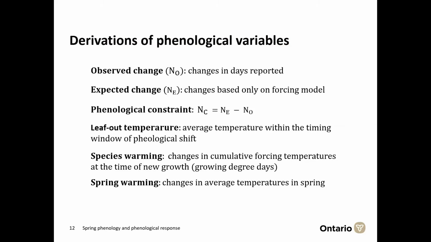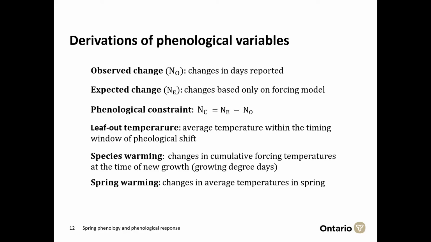I need to explain some of the variables here because some of them have not been used in phenological research yet. The observed changes are what are actually reported in the literature in terms of number of days difference between control and warm treatment in warming experiments, or between baseline and warmer period for observations.